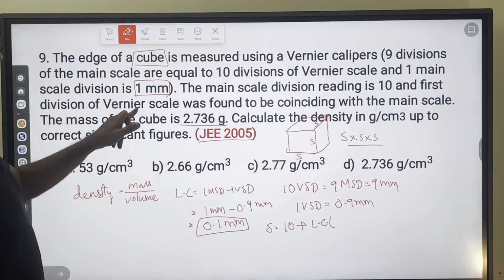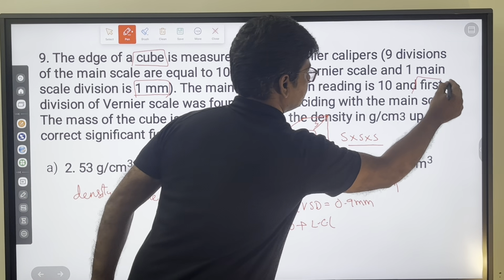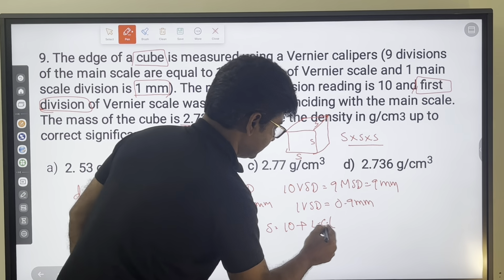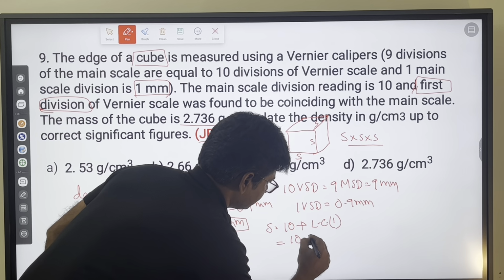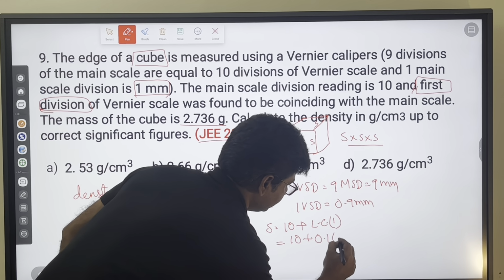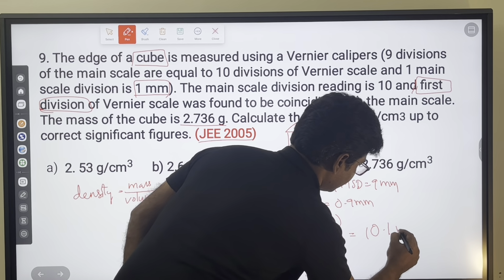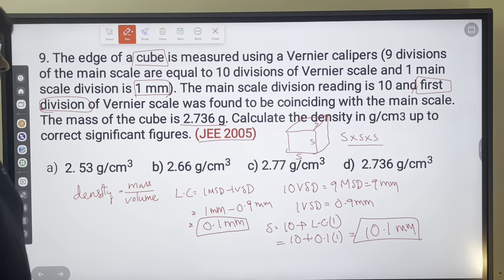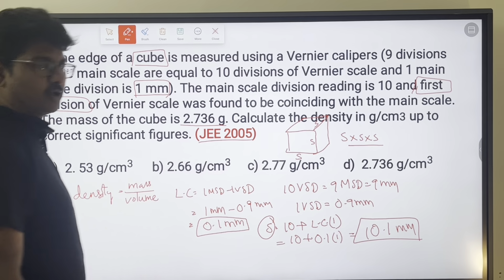What is the vernier scale reading coinciding? It is mentioned, the first division. Therefore, least count into 1. So 10 plus 0.1 into 1 is equal to 10.1 mm. This is the side. Side is equal to 10.1 mm.